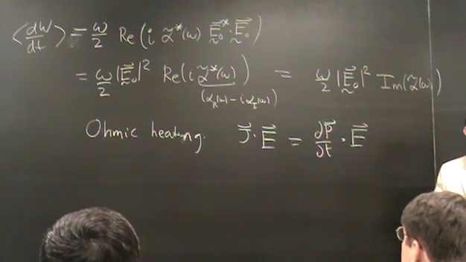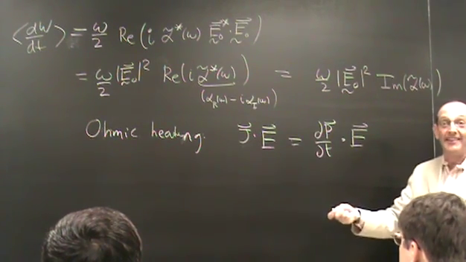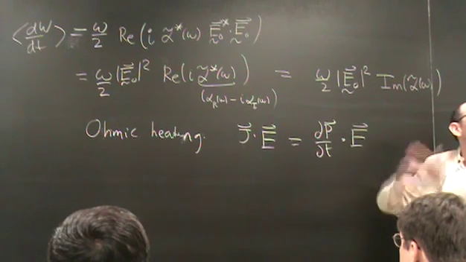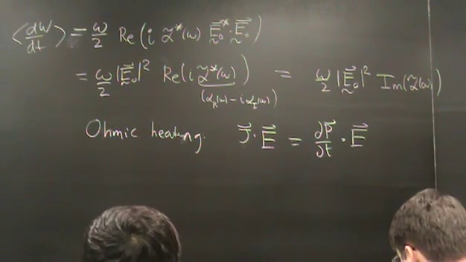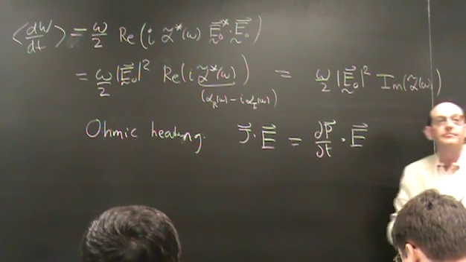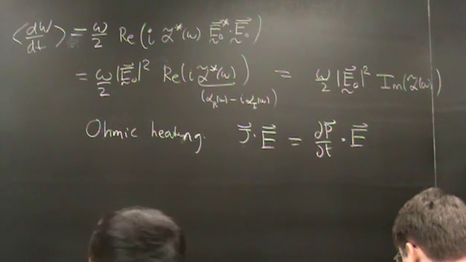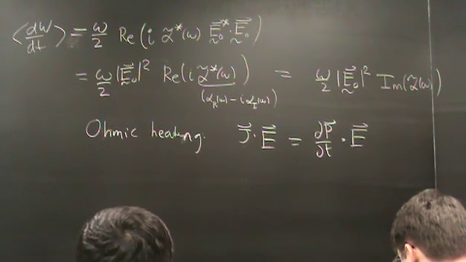So when you take the derivative, you get back cosine. Otherwise, on average, there's no energy absorbed. So the amount of work that's done on the charges depends on the response being in quadrature. And that's the meaning of the imaginary part.